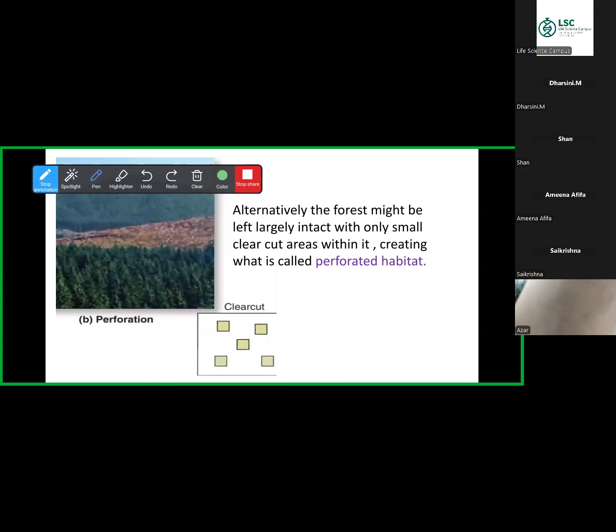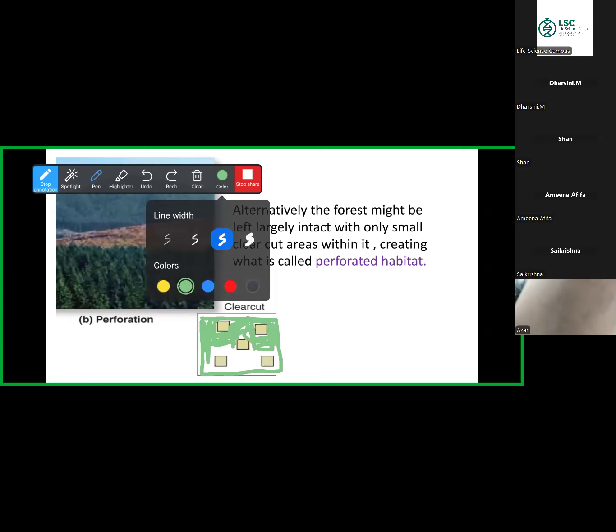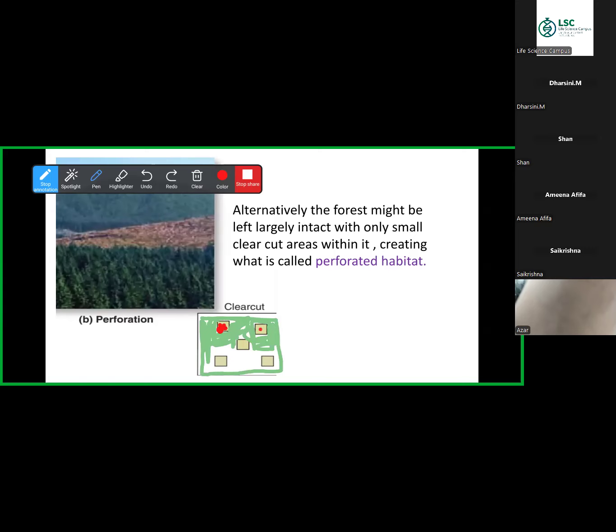These square boxes represent the clear-cut areas. That is, this white area represents the forest. A major portion of the forest is left intact. There is no more damage, but some areas have damage. That is shown in this square box.